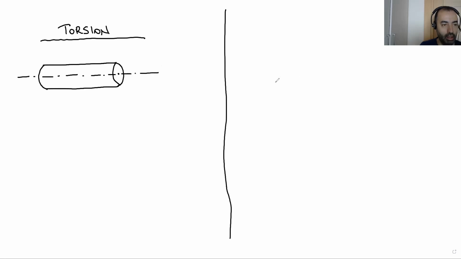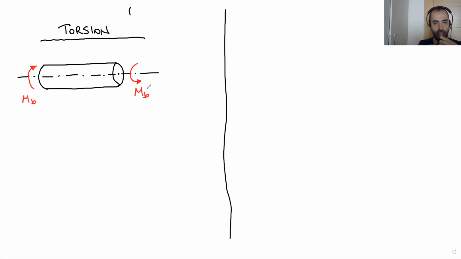If we apply a moment which rotates this section around its axis, for example, like this. Okay, this is MB or MT, whatever. This is the torsional moment. What we are doing, you can see my pen.